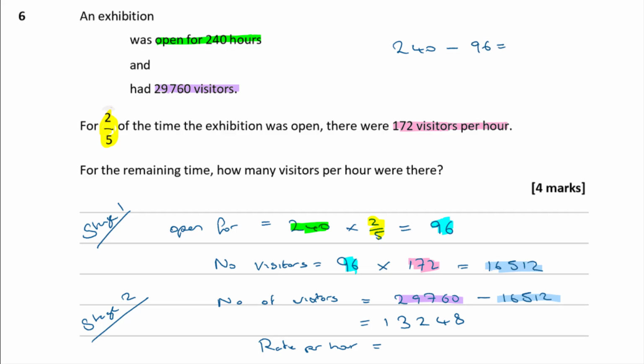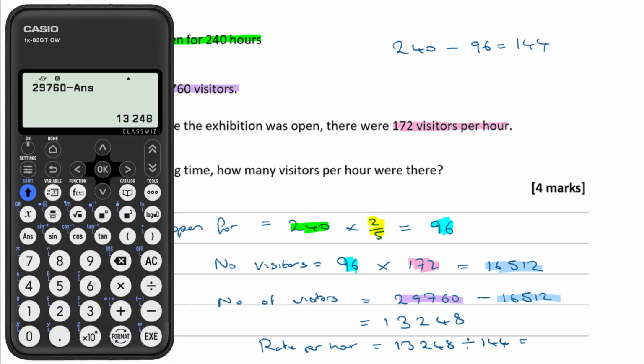That's going to be 144 hours. So the second stage is 144 hours long, and we had 13,248 visitors in that time. So if we divide 13,248 by 144, we should get our answer, shouldn't we? So 13,248 divided by that should give me 92.